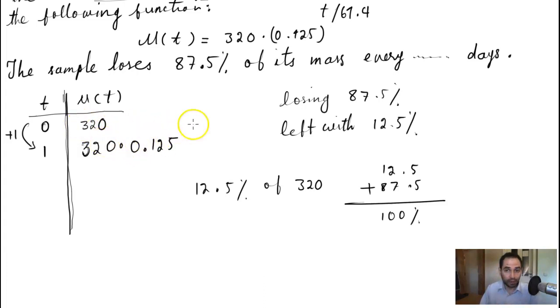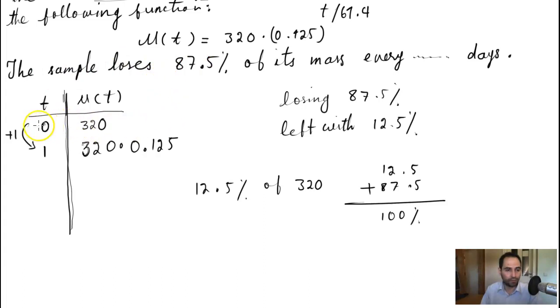Here the question is, the sample loses 87.5% of its mass every how many days? That's the same thing as asking when the sample is left with 12.5% of its mass. How can that happen?